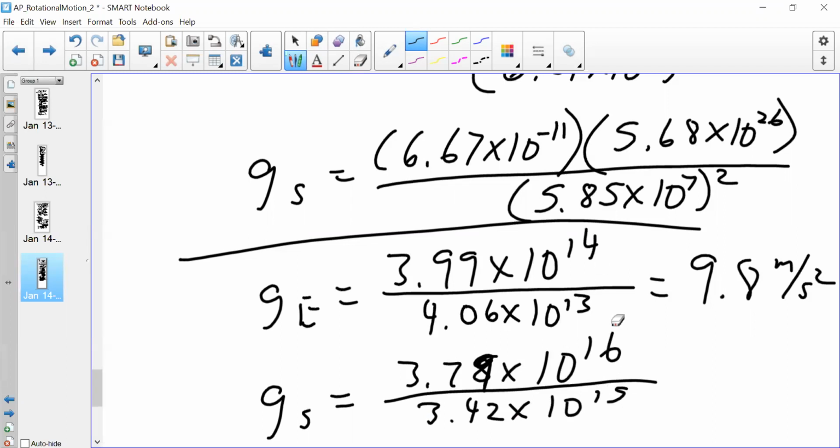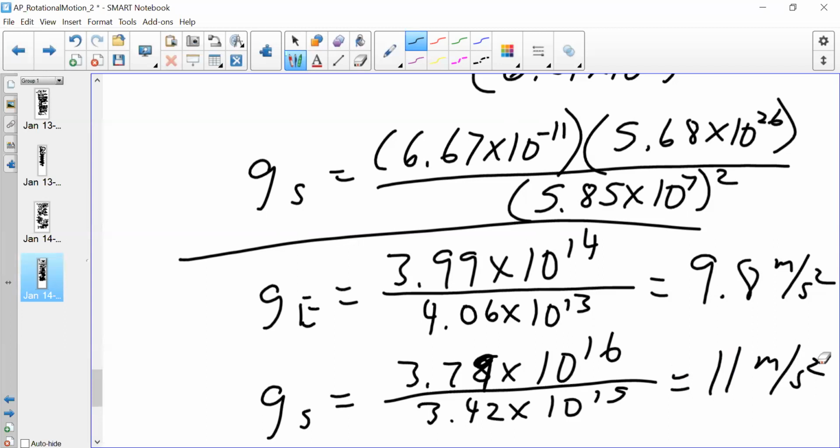I see the exponent is larger. 11 meters per second squared.